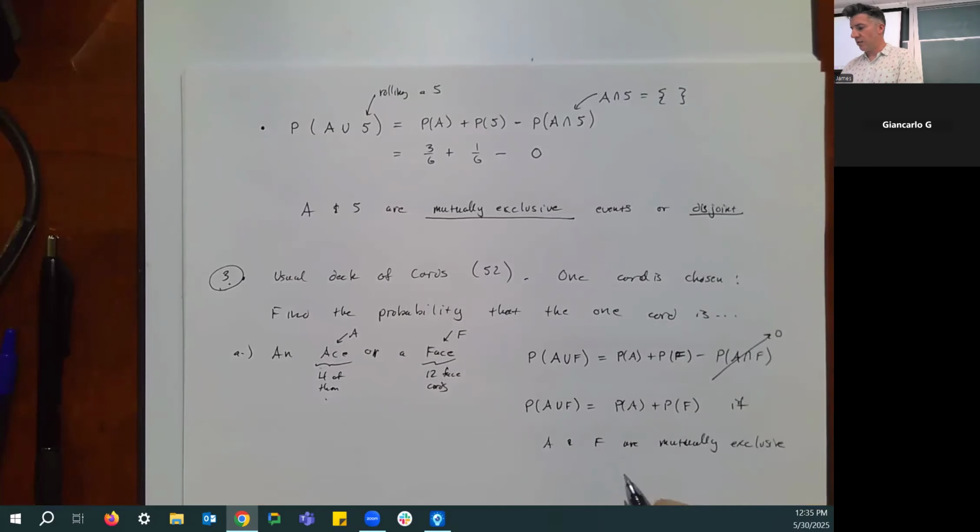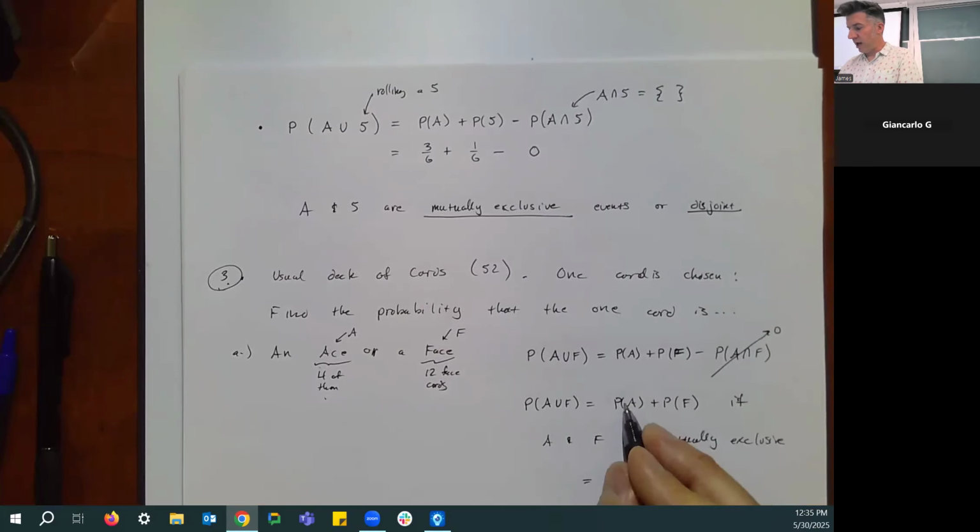So it's the probability of A, which is 4 out of 52, plus the probability of F, which is 12 out of 52, which is 16 out of 52, which reduces to 4 out of 13.